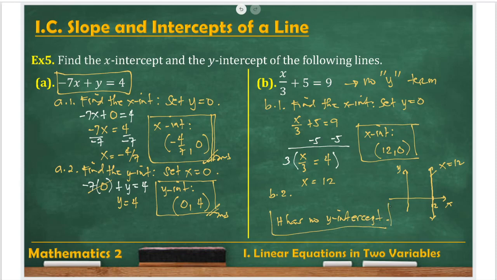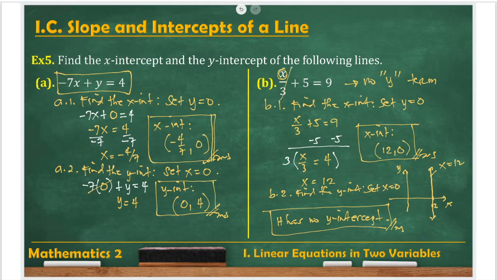How do we check? Algebraically. Di ba kapag nagsosolve tayo ng y-intercept, what do we do? We set the value of x to 0. Now, if we make x equal to 0, magiging 0 ito.